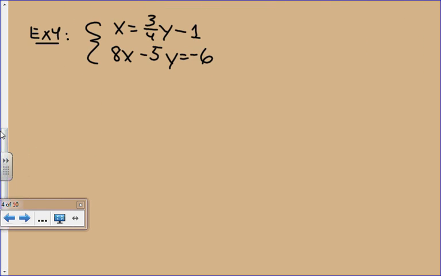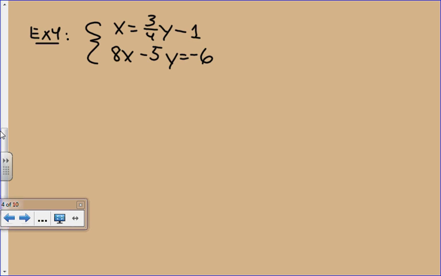Number 4. x equals y minus 1 and 8x minus 5y equals 2. Okay, so talking about the 2 methods from the last problem, what does benefit us?